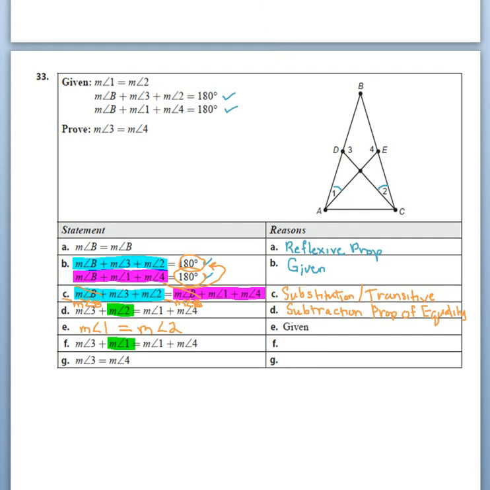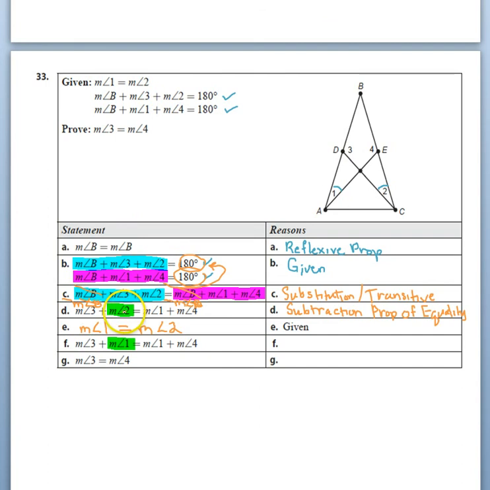And that one's definitely a substitution one. The one where you can interchange substitution and transitive is where you have one whole side of the equal sign being taken out and replaced with something else. In this case, just a part, just the angle 2 part is being replaced.